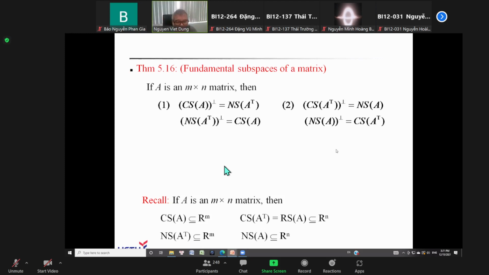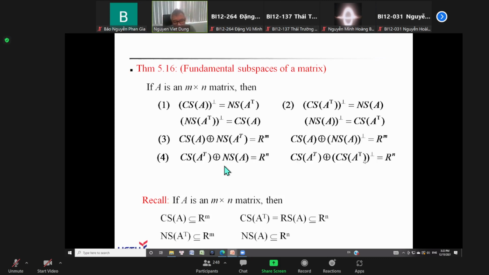More than that, Rm is the direct sum of the column space of A and the left null space of A. And here again, the row space of A and the null space of A are orthogonal complements, and so on. So that is the relation between the four fundamental subspaces of a matrix.